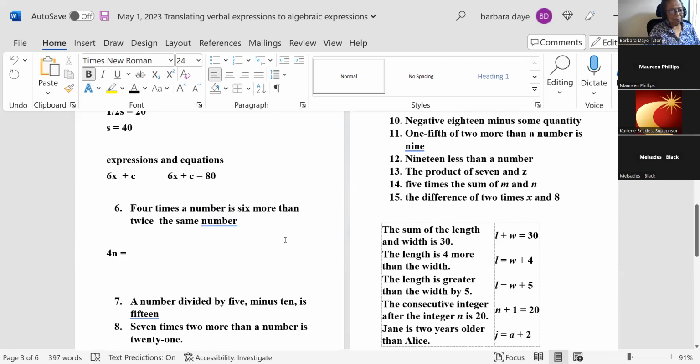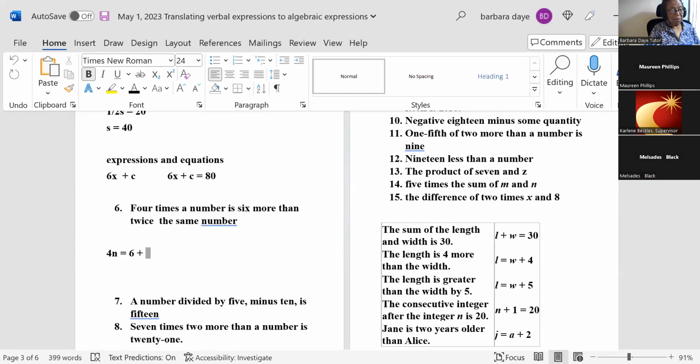Tell me what to write. You write 6. No, no. More than means addition. Remember, I just went through it in that little chart. More than is addition. So what should I write? Plus.